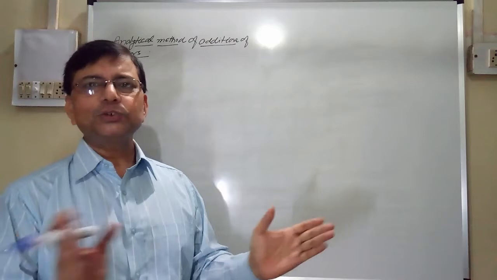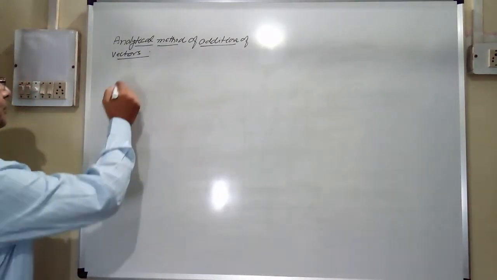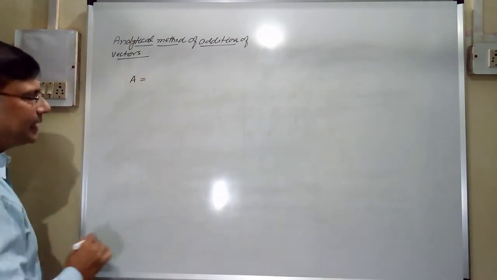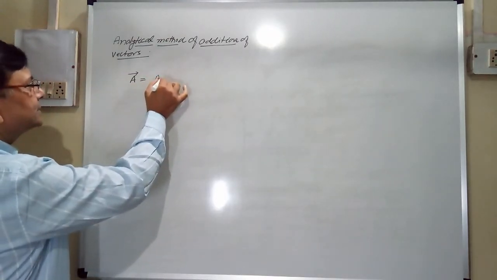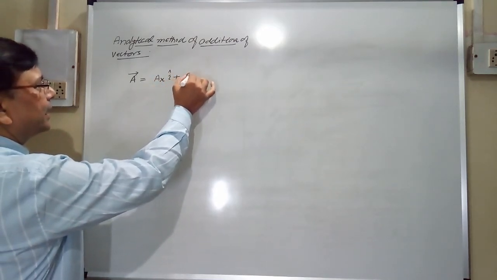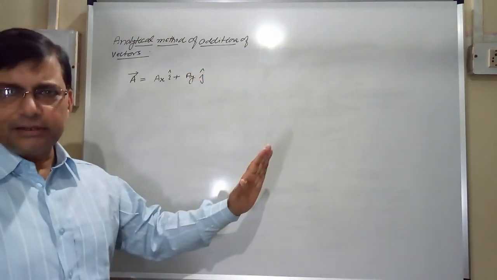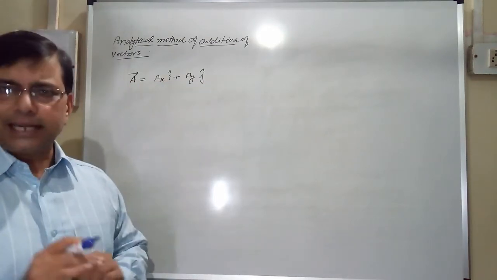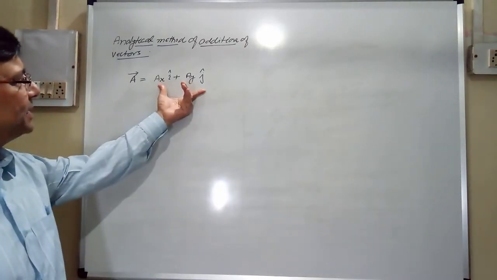So suppose there is a vector A, represented as A equals ax i plus ay j. Any vector A can be resolved in two perpendicular directions, x and y, and since the unit vectors are i and j, the vector can be represented like this.